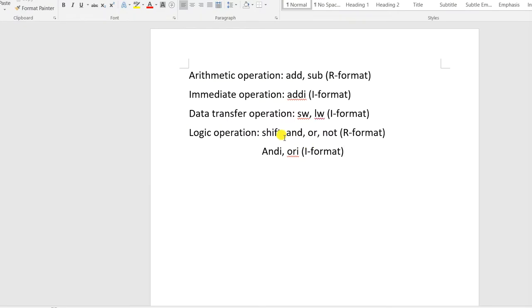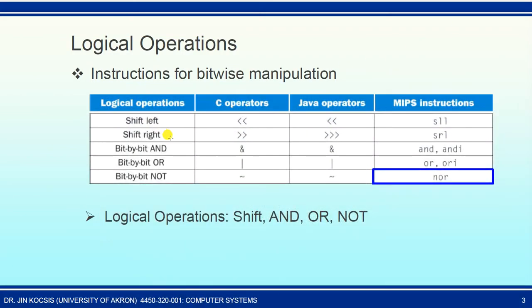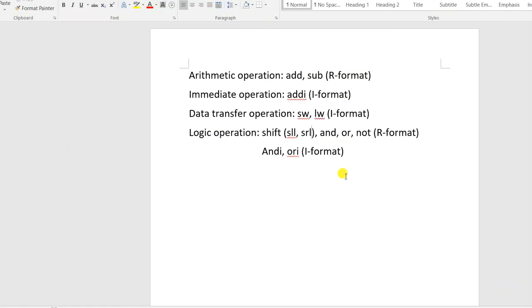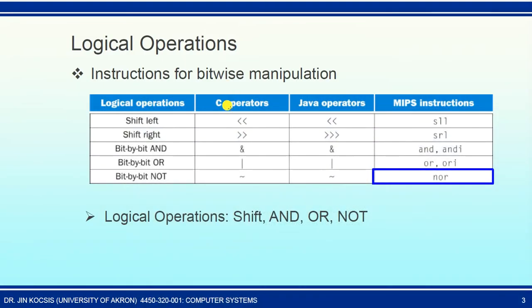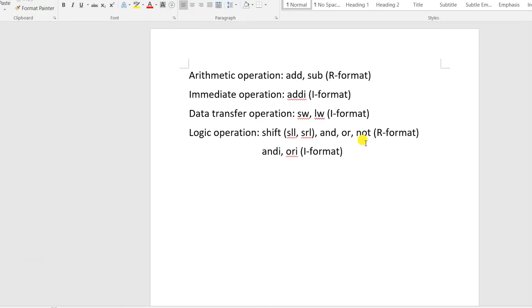Okay, so basically we fill in here, this shift logic includes shift left logic and shift right logic. And then bit by bit AND, we include AND and AND immediate. Okay, so here is already represented. And also bit by bit OR logic includes OR and OR immediate, which I already show here.